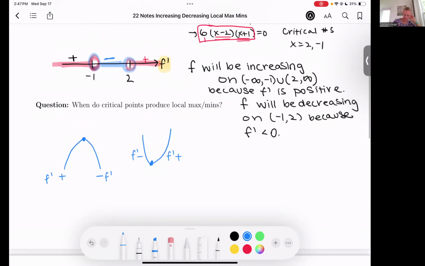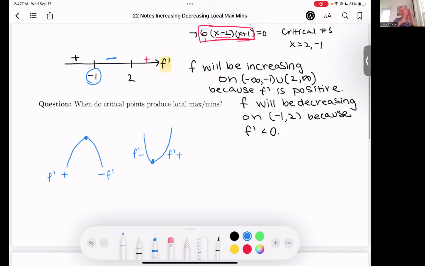So if I look at this sign chart up here, I have a sign change at -1. The derivative, again, we're always reading from left to right, changes from positive to negative. So f will have a local max at x equals -1.